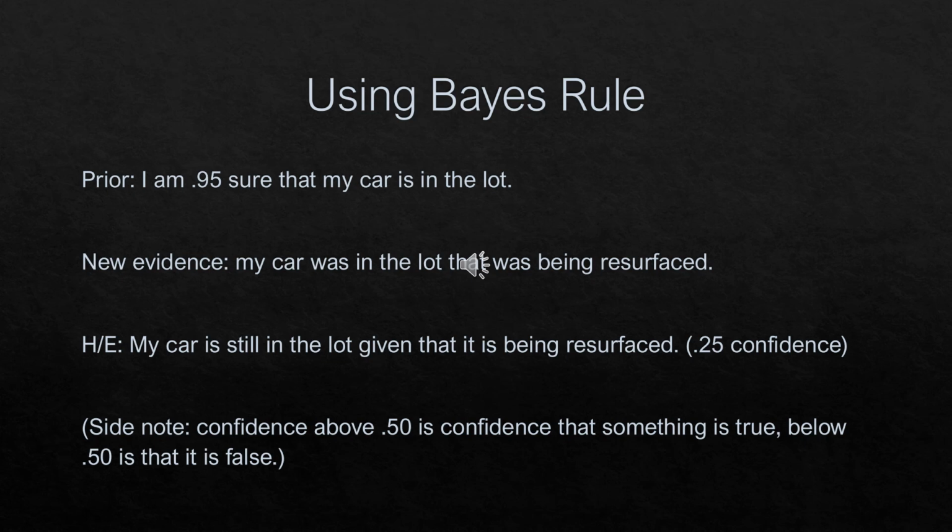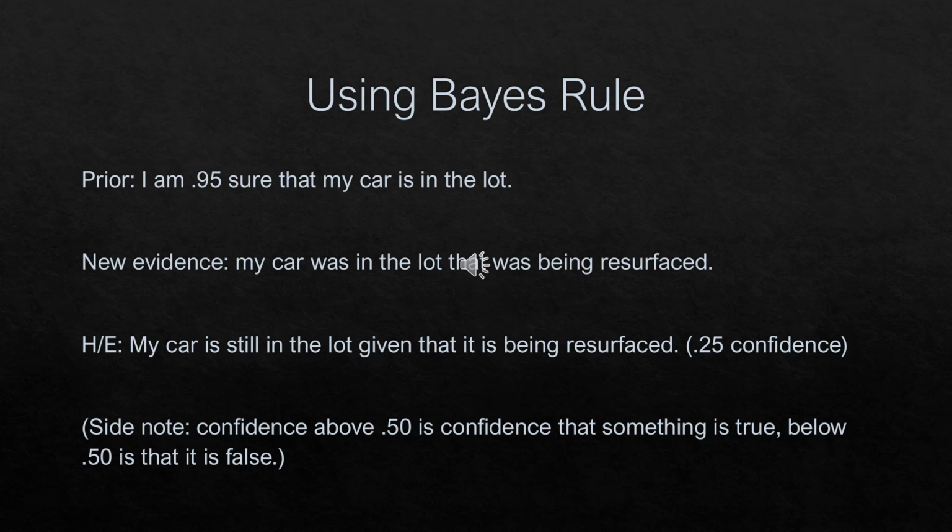I open up my email and, oh shoot, somebody from HR or the facilities staff sent me an email saying, hey, this lot is going to be resurfaced. And I'm like, oh no, that's the lot that my car is in. So I come across this new evidence. And now the question is, what should I come to believe in this case?